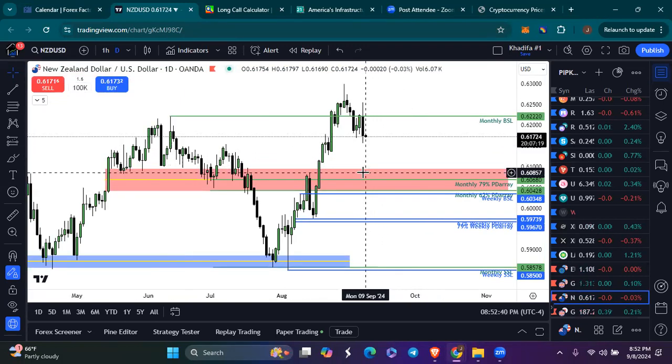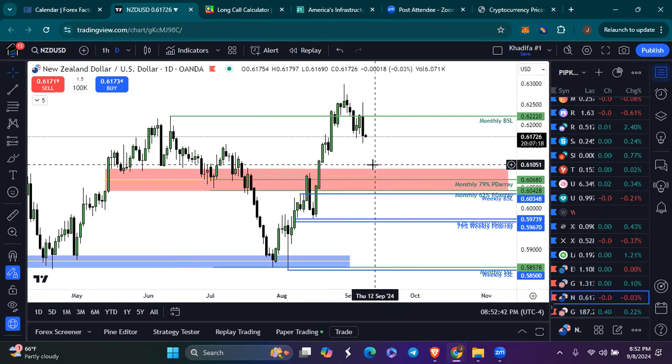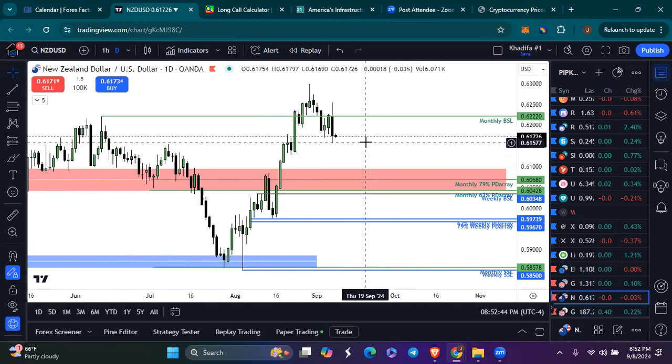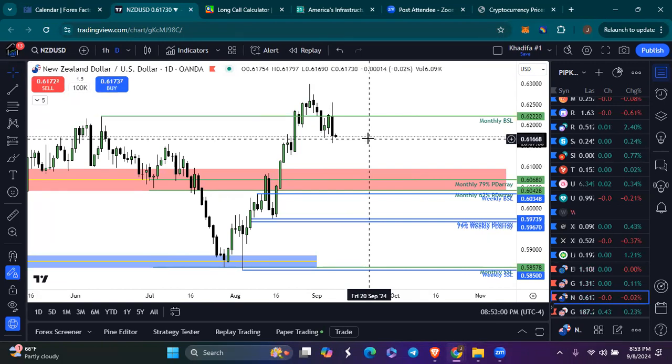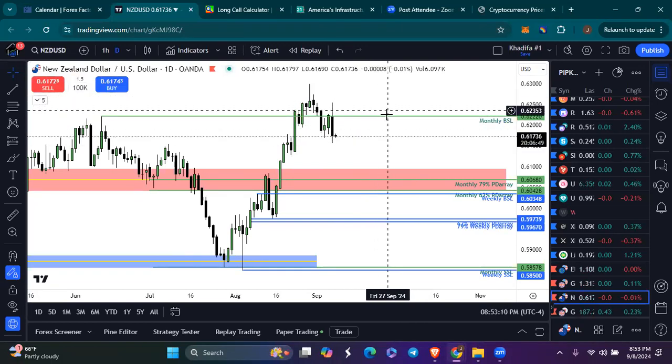In NZD/USD, she kind of does her own thing. She diverges from the pound and the euro a lot. So when you might see the euro and the pound pushing up, you'll still see NZD selling off until she's ready to push up. So I'm kind of on the sideline for NZD/USD, but my bias is bullish for the week.